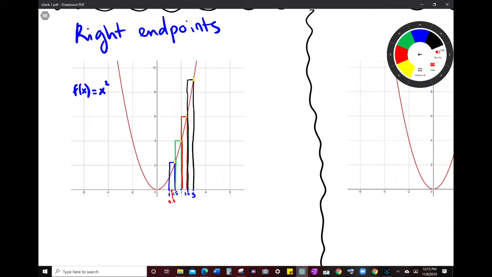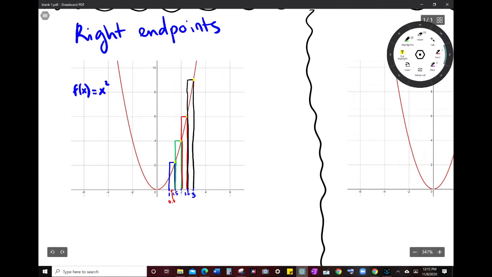So if you use right endpoint, that means you have to find the areas of the blue rectangle, green rectangle, red rectangle, black rectangle, and add all of them up. In order to find the area of the blue rectangle, we will have length times width.